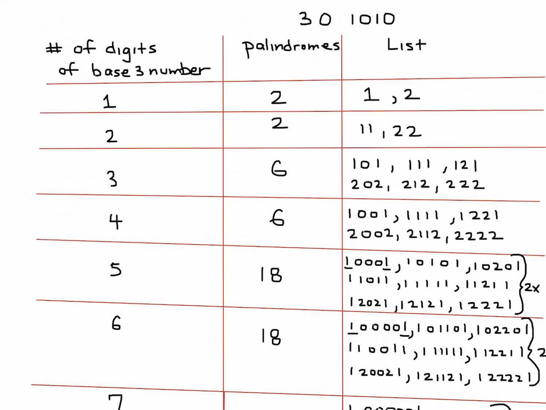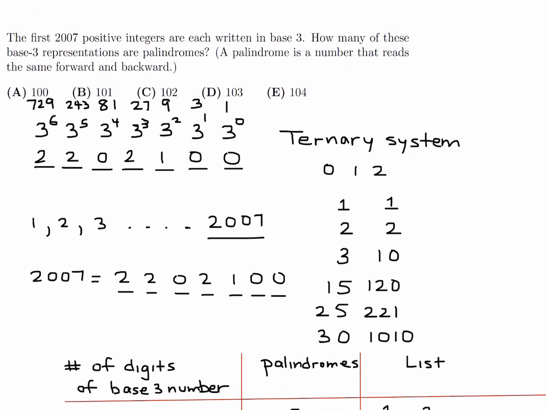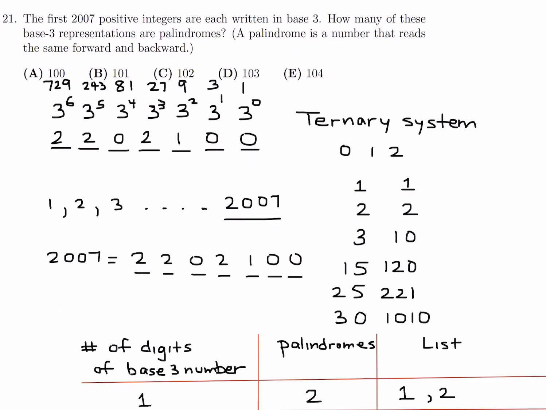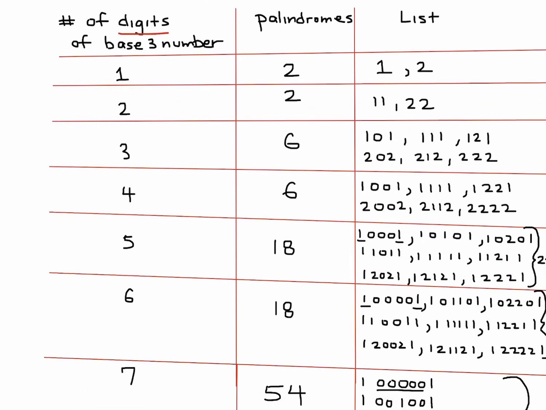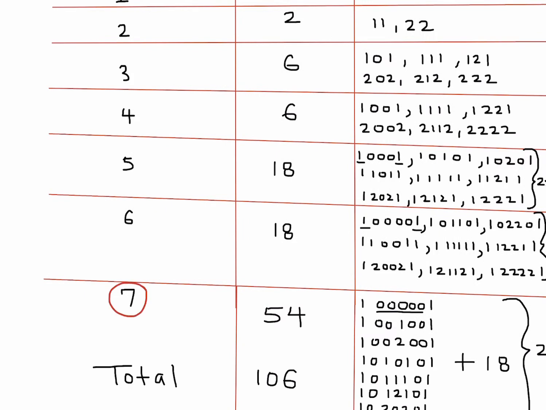So let's go back and look at the answer choices. 106 is not one of the answers, and I'm happy that it's not, because if it was, most people would just circle it and then move on and get it wrong. The reason it's not is because everything that I listed lists all the base 3 representations, right, that involve either 1 digit, 2 digits, 3 digits, all the way up to 7 digits.